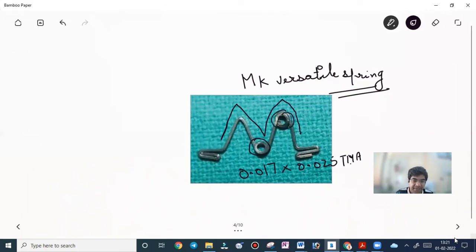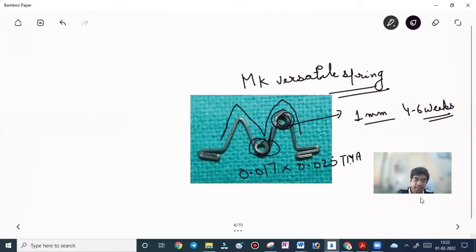This spring is activated by opening both the helices 1 mm for 4 to 6 weeks till the desired movement is achieved. Remember, the counterclockwise tipping movement created by the helix of the first arm is cancelled by the clockwise movement of the helix of the central arm, which prevents the tipping movement.